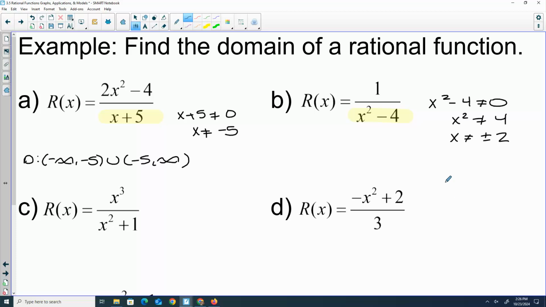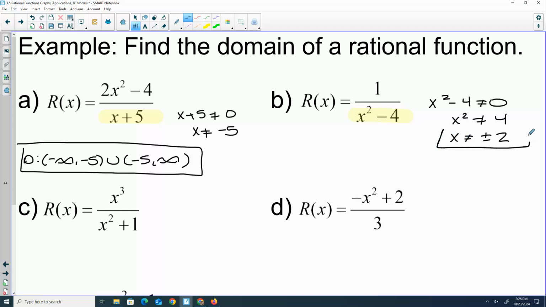In general, I want the interval notation for the domain. But in the case where we have multiple values that x can't equal, I will allow you to just list them. So on the first one, it was only one number x can't be, so I want that full interval. On B, because it's more than one, I will accept this.